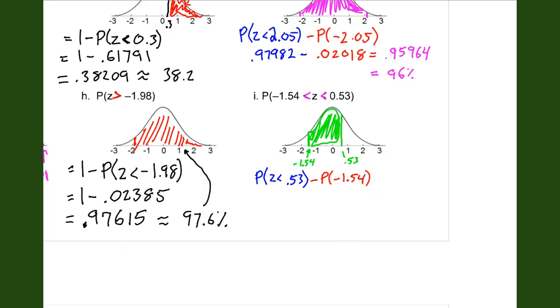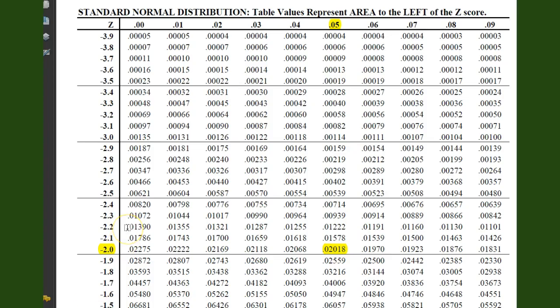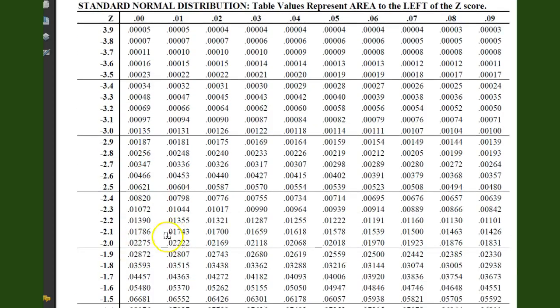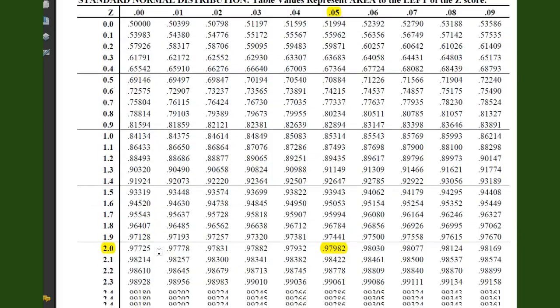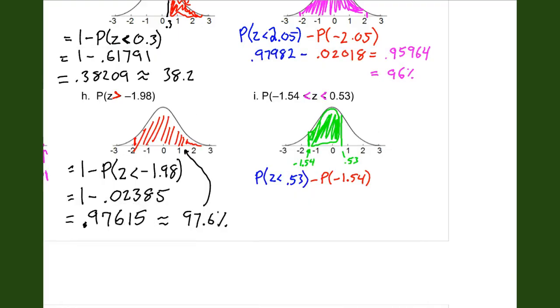Okay, table time. Let's go 0.53. It's going to be on the other side where the positives are, 0.5. Here's 0.5, and here is 0.3, so 0.53 would be 0.70194. Right, and then minus, we need to look up negative 1.54.